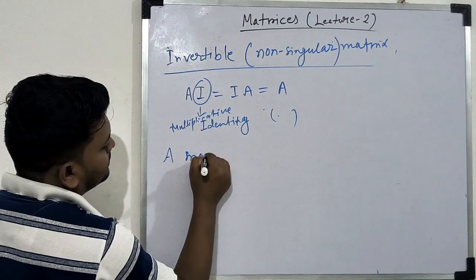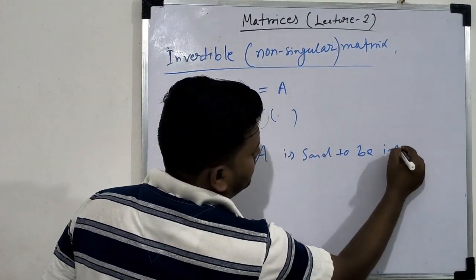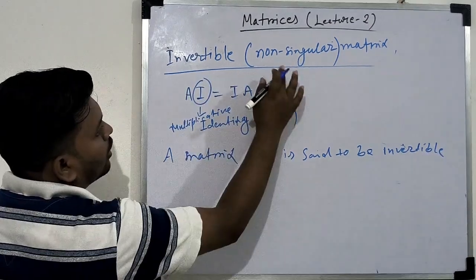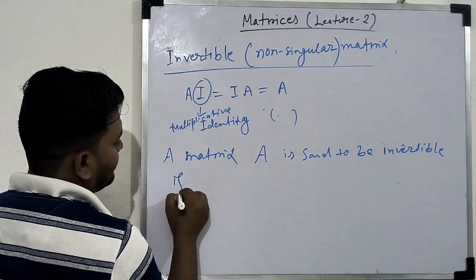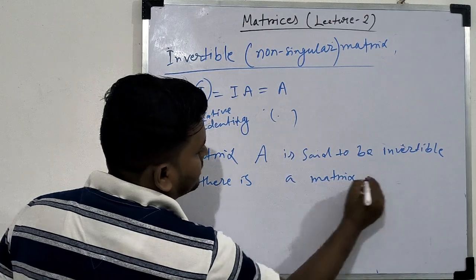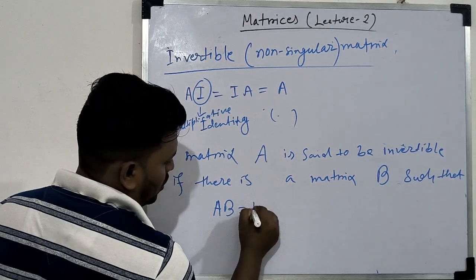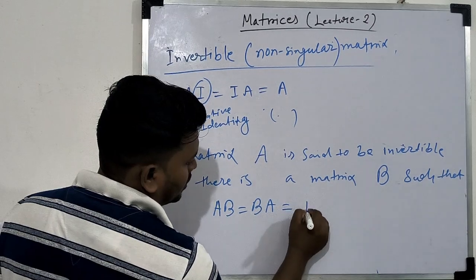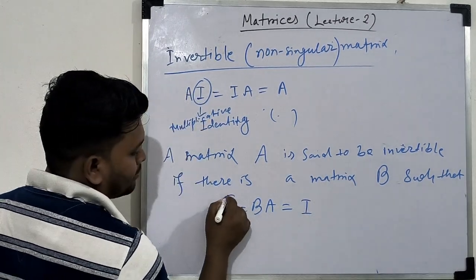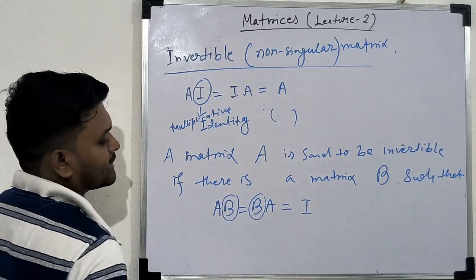A matrix A is said to be invertible or non-singular if there is a matrix B such that A into B or B into A equal to I. Generally B is the inverse of this matrix A.